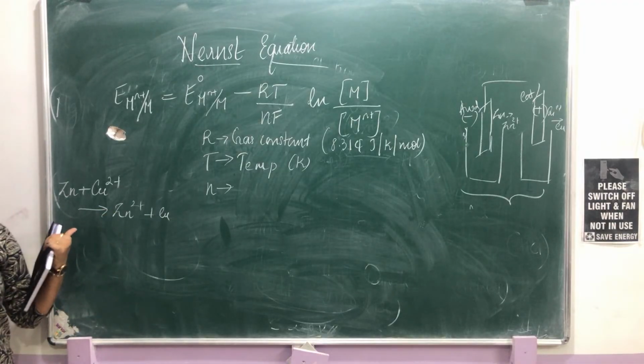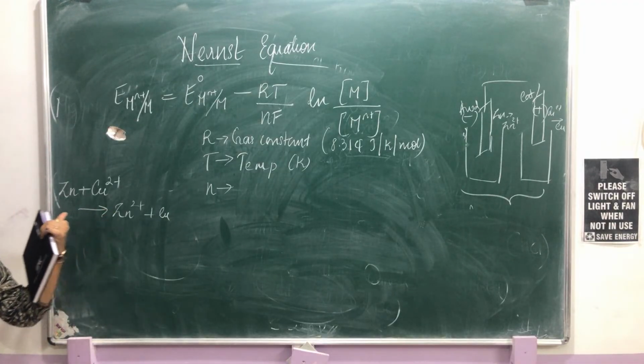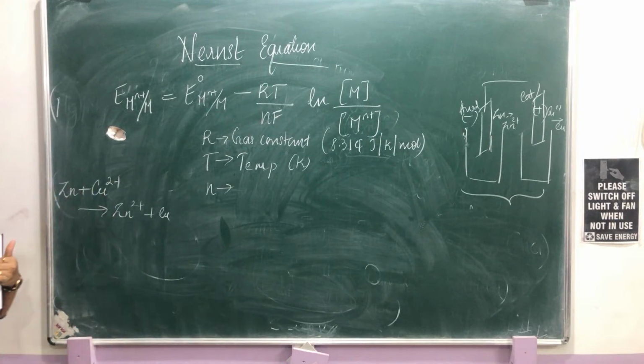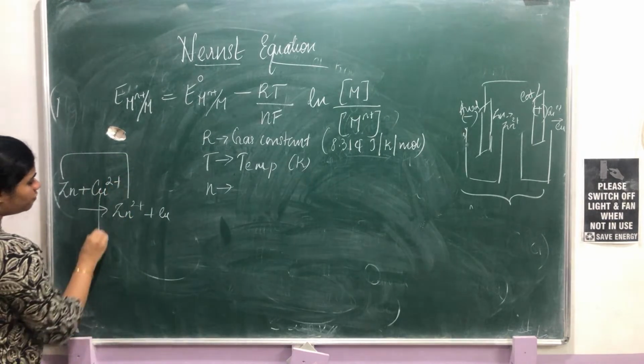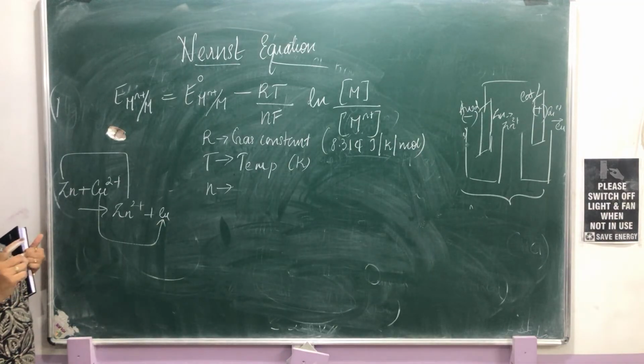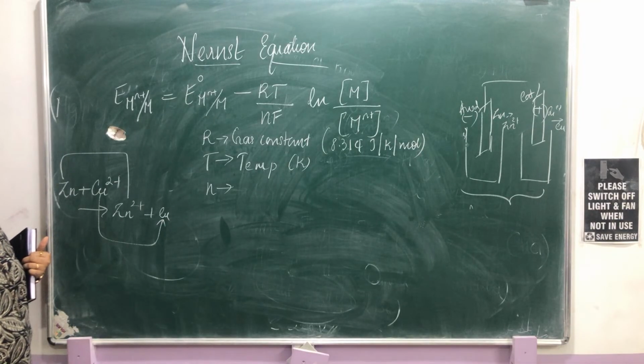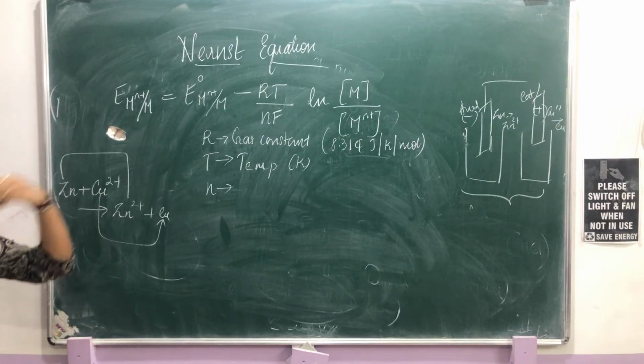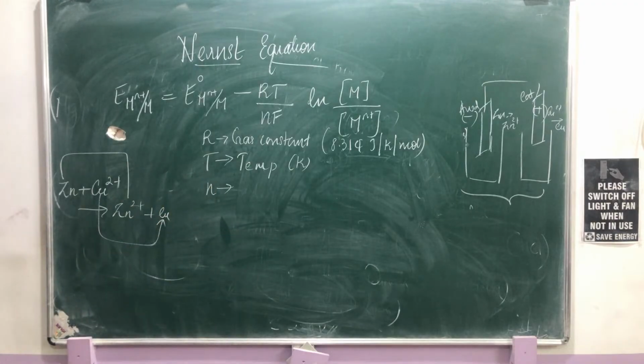Now tell me how many electrons were lost and how many electrons were gained in this whole process. 2 electrons. How can it be 4? I told you the number of electrons that are lost are the same as those that are gained. That's why we don't see them, right?